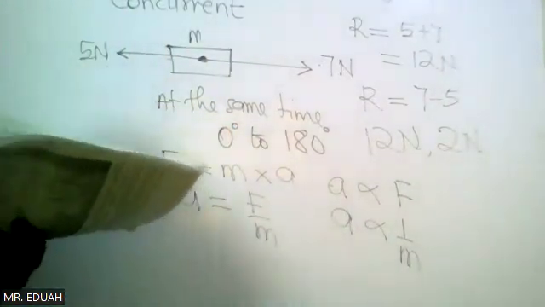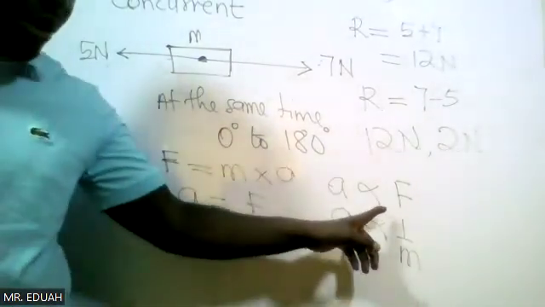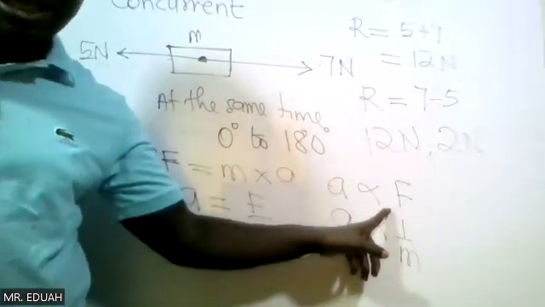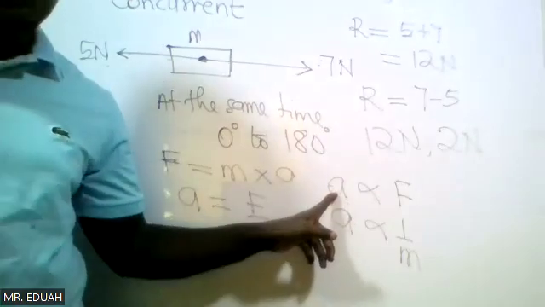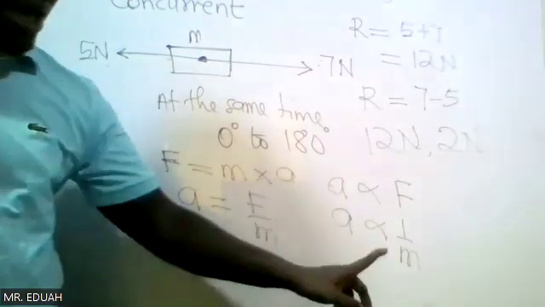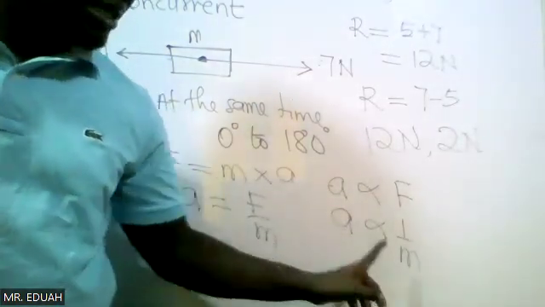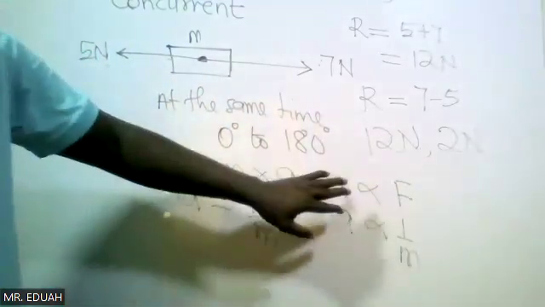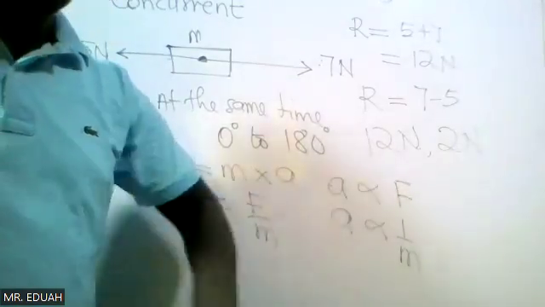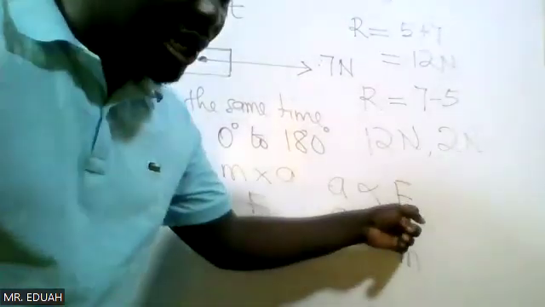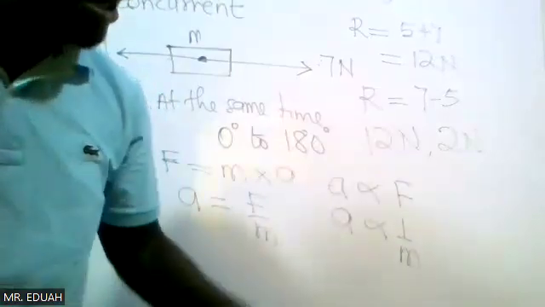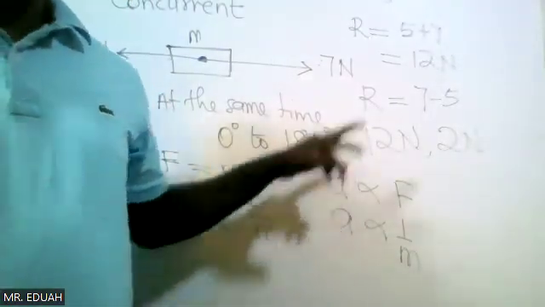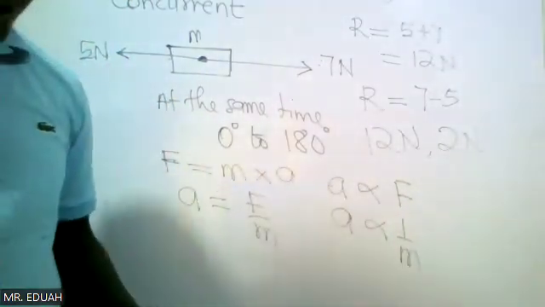So for an accelerating body, when the force increases, the acceleration also increases. And when the mass increases, acceleration decreases. Once the vector sum of the forces acting on the body is increasing, the acceleration would also increase by this relation. Is that okay?